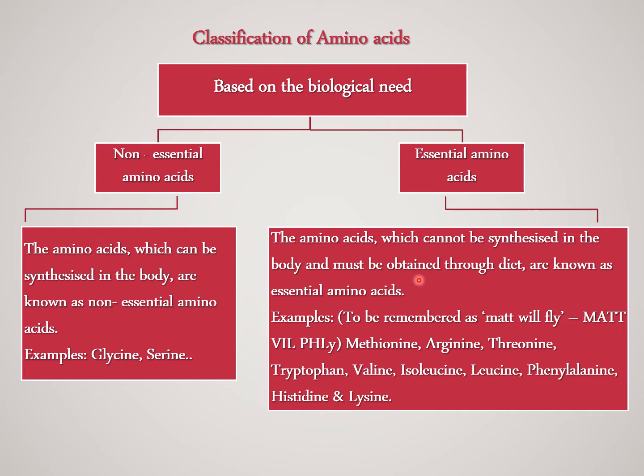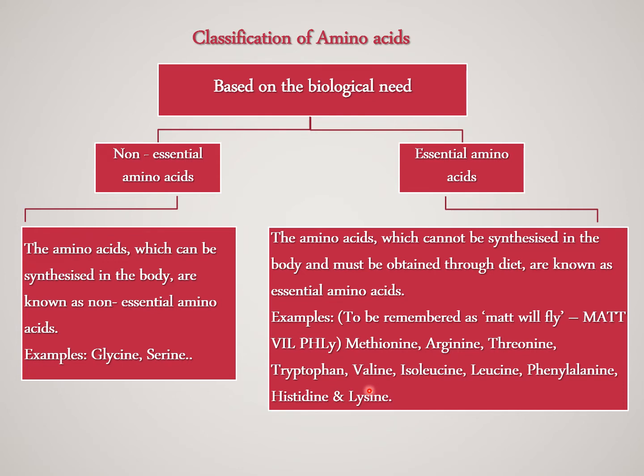What is that? It is a disease where the water balance in the body is disturbed, and some organs because of that would become bloated. So this is one of the problems that could be caused if essential amino acids are not taken through our diet. So the examples of essential amino acids could be tryptophan, valine, isoleucine, etc. Now they must be obtained.